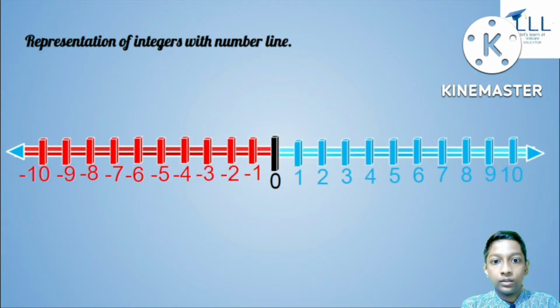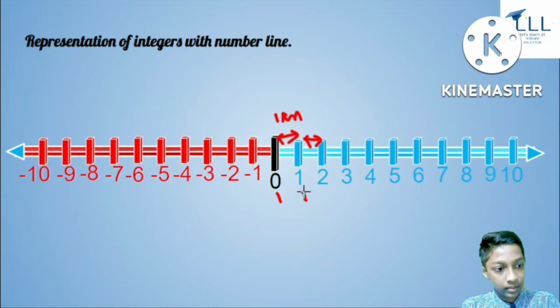A number line has equal spacing between the numbers. For example, if there is a 1 centimeter gap between number 0 and 1, there has to be a 1 centimeter gap between 1 and 2 and with other numbers also. And the same distance should be given to negative numbers also.